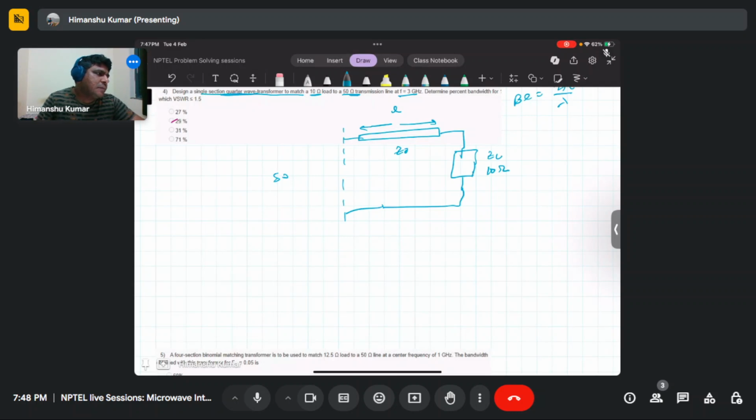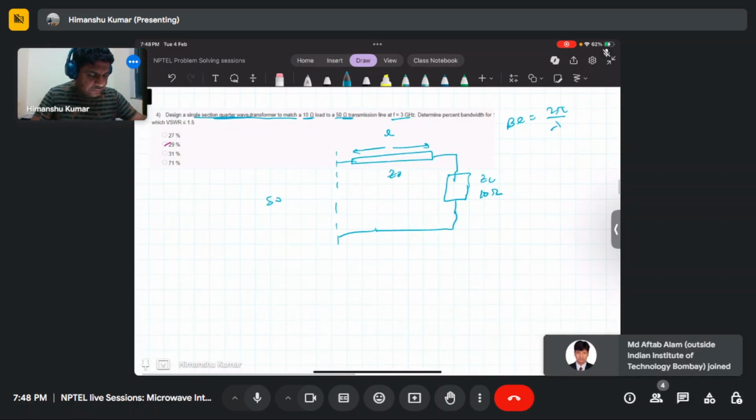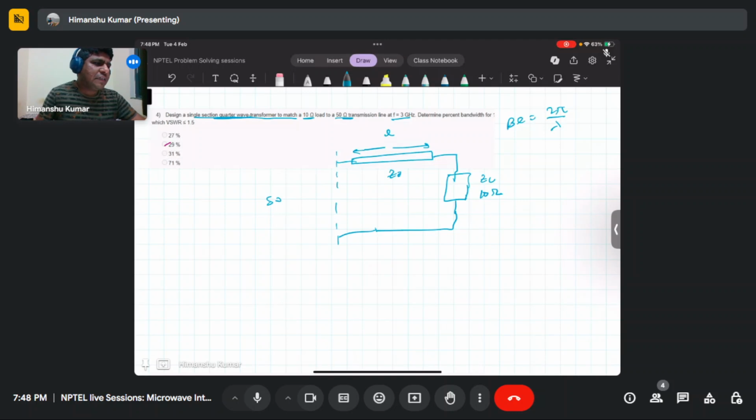So at the center frequency, your beta L equals pi by 2.